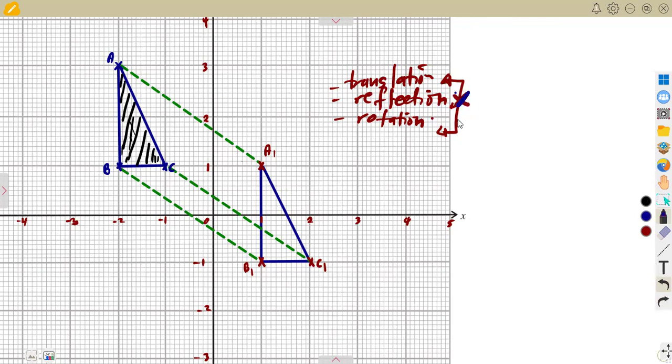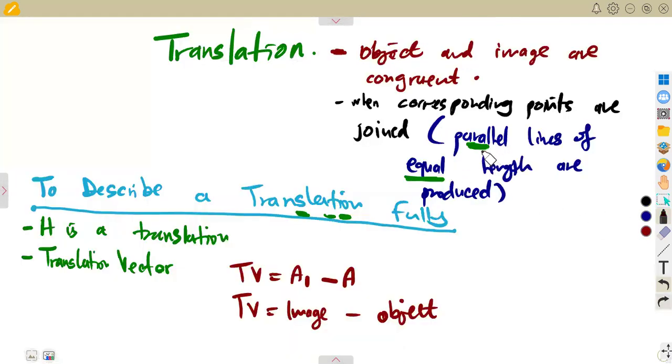You'll see that it's not a rotation, it's a translation, because it is the one that produces parallel lines of equal length when corresponding points are joined from congruent figures.